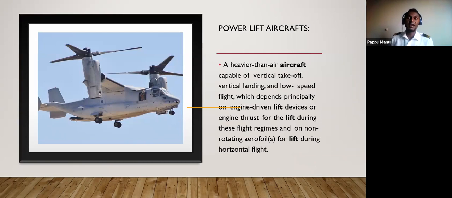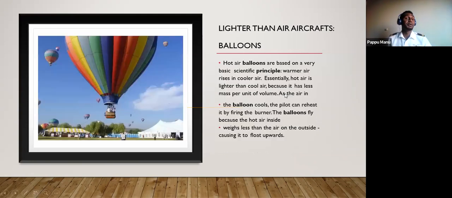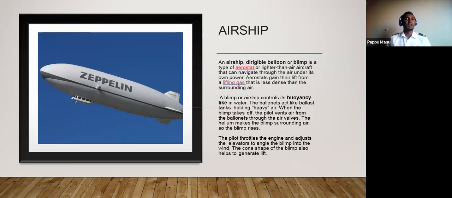Okay, heavier than air, vertical takeoff aircrafts, which use power lift devices. All right. Then we have lighter than air, which are your normal balloons and your blimps. Okay, these two are lighter than air, and they use inert gases or lifting gases to stay in the air.